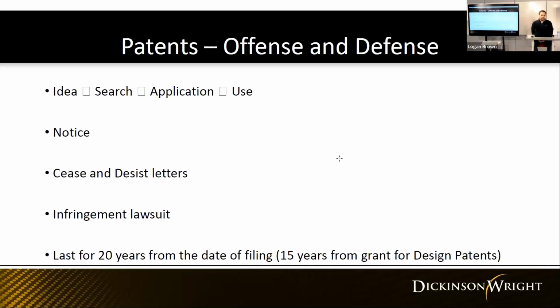And depending on the target and their resources, it may bring them to the table to either just stop entirely, which is what you want, or they may approach you about potentially licensing your idea and your patent. And so now you're generating income, or they may want to just settle out with you entirely and close up shop to make sure that you don't come after them and they have to spend a ton of money defending themselves in court.